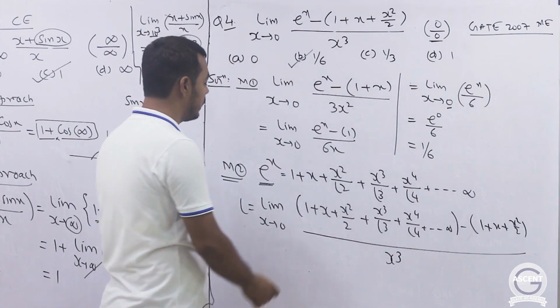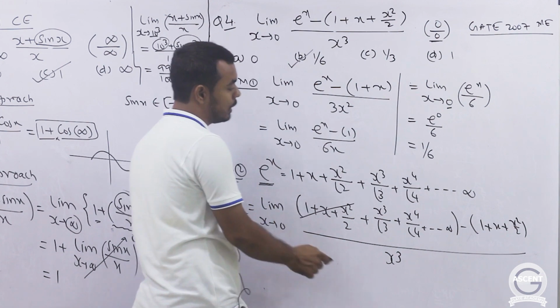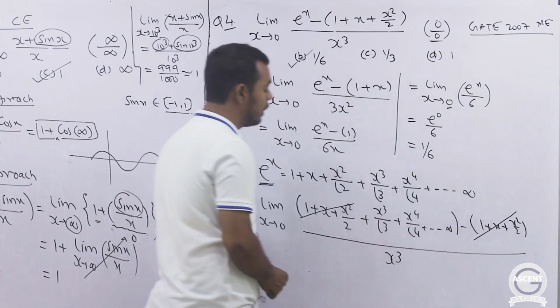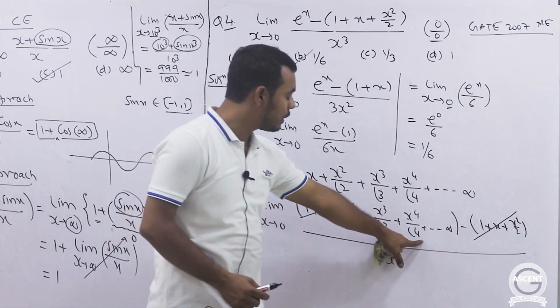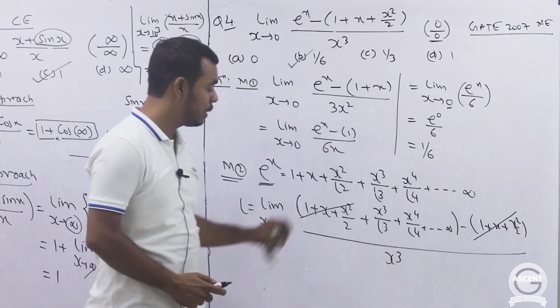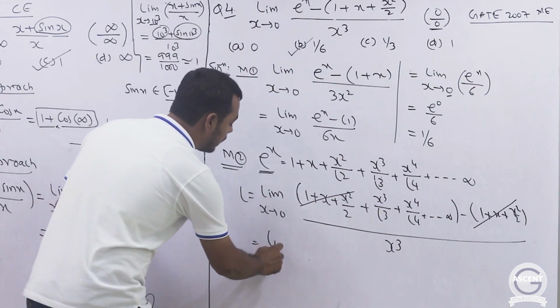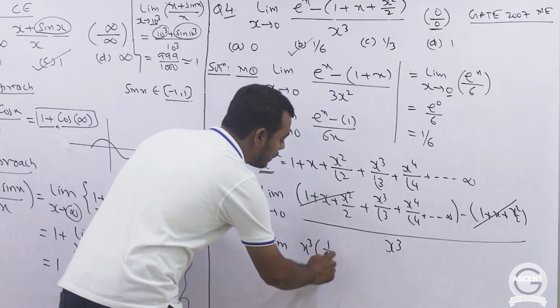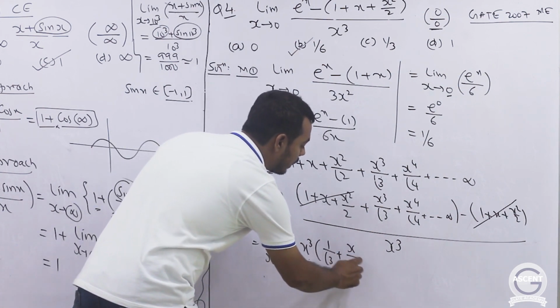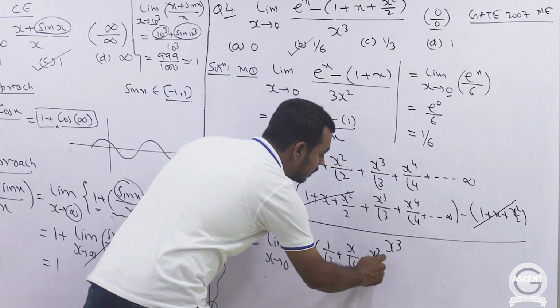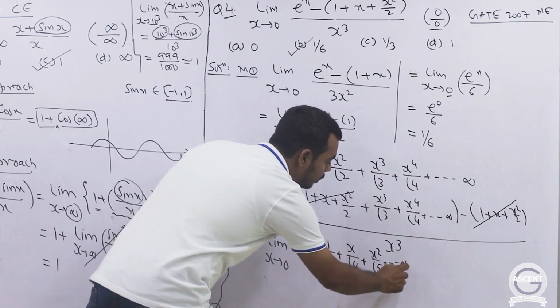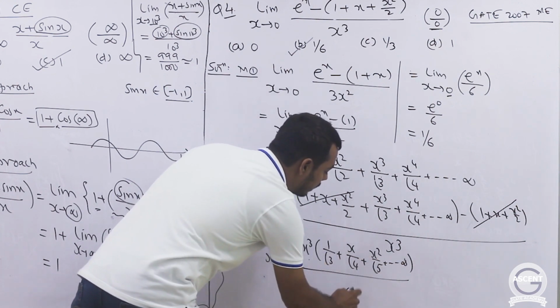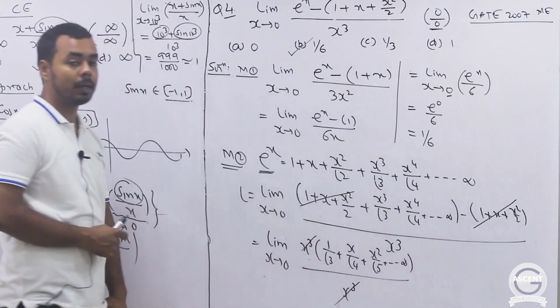Now as you can see, the 1, x, and x square terms will cancel. From all the subsequent terms, you can take x cube common. So now you can write this as limit x tending to 0, take x cube common, so you will get 1 by 3 factorial plus x by 4 factorial plus x square by 5 factorial up to infinity, and this divided by x cube. The x cube will cancel.